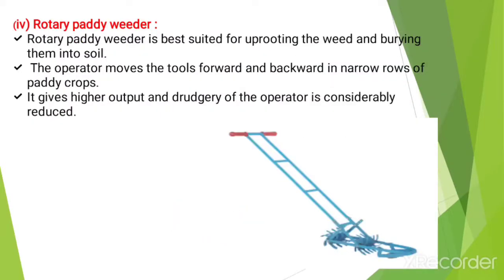Then the rotary paddy weeder. The rotary paddy weeder is best suited for uprooting the weeds and burying them into the soil. The operator moves the tool forward and backward in the narrow rows of the paddy crop, and it gives higher output, and drudgery of the operator is considerably reduced.